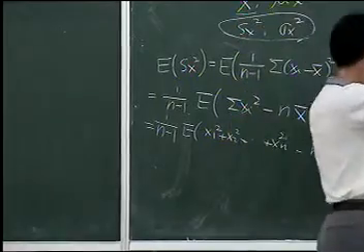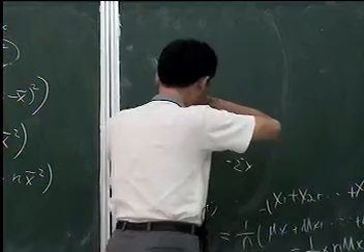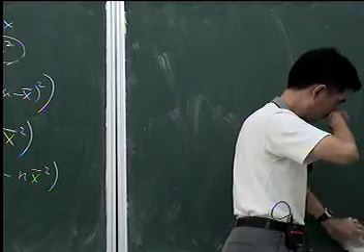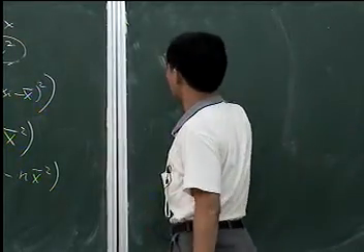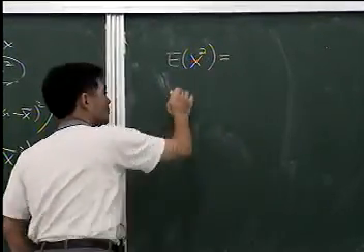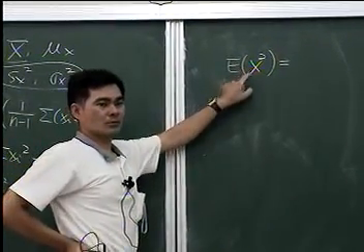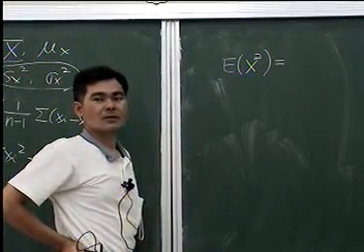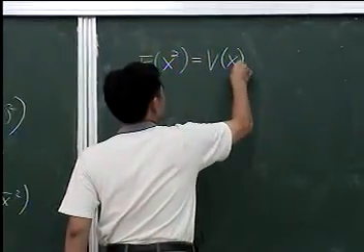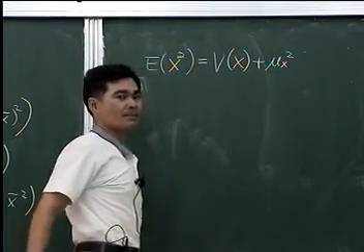Let me get the expectation of x squared. What is this equal to? It is equal to the variance of x plus mu x squared, right? The same thing.